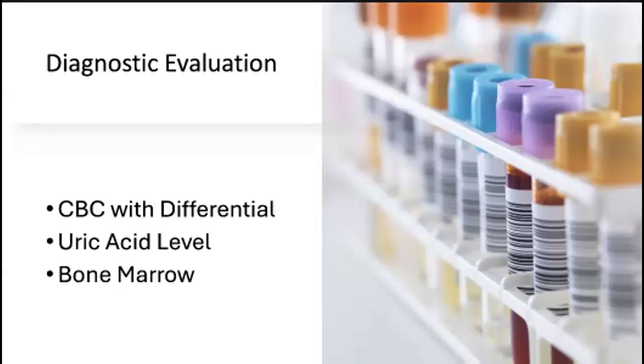We're going to do bone marrow aspirations and biopsies. And when we do that bone marrow aspiration, we're going to see those blast cells, and we're going to see a lot of them. We can do a lumbar puncture to see if we have central nervous system involvement, because we know that that's going to be a later stage.